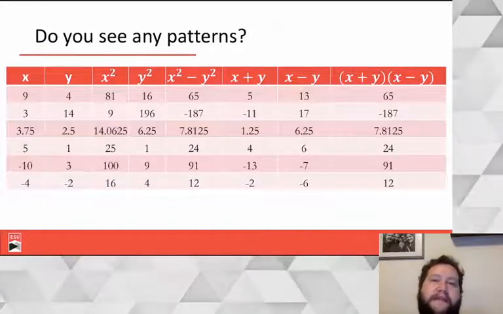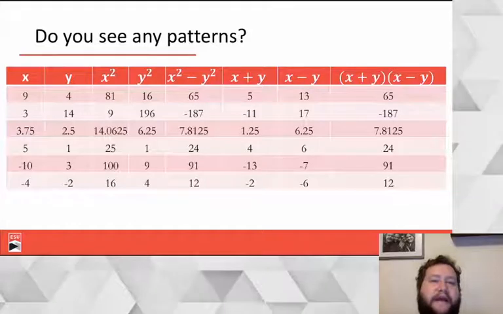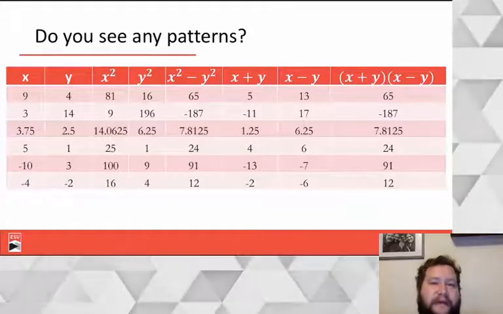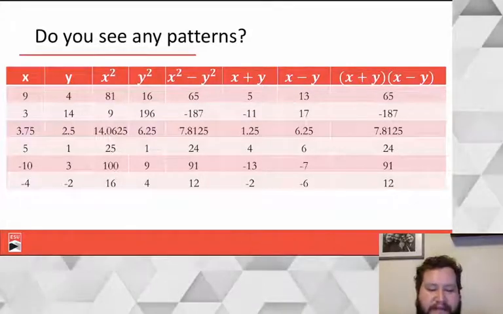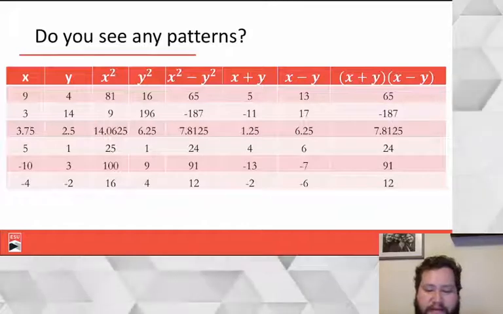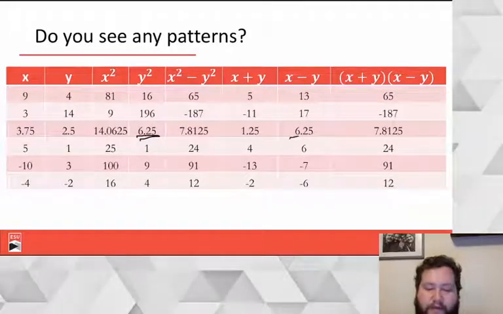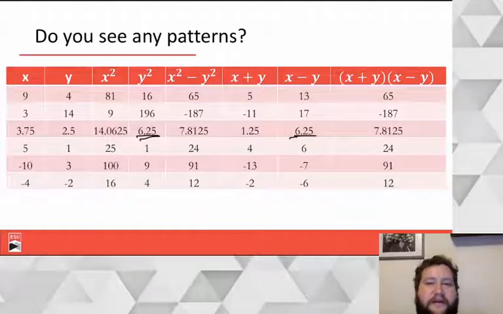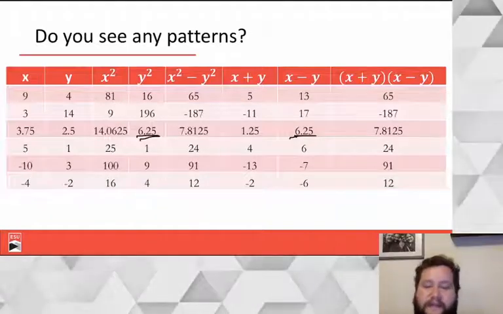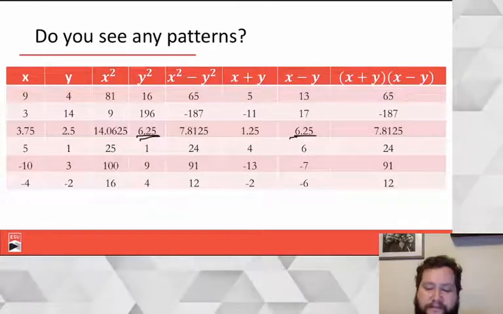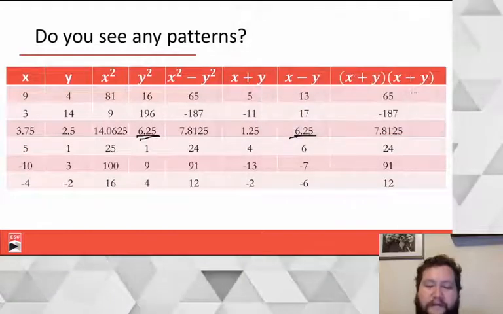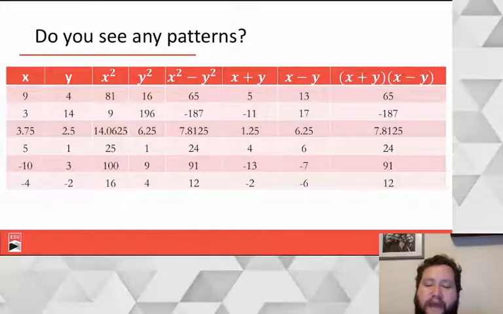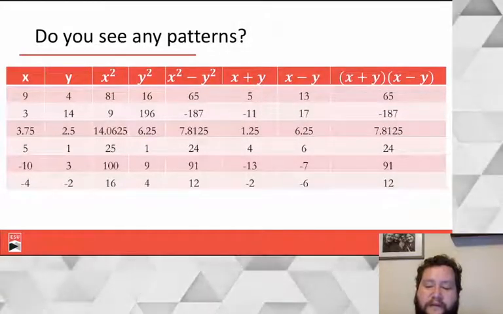Do you see any patterns within this table? Do you see any columns that are the same? Interestingly, we see this y squared is equal to this x minus y, but that doesn't hold for any of the other columns or any of the other rows in the table. So that's probably not the way we want to start. But maybe pause and look. Are there any patterns you see in the columns?